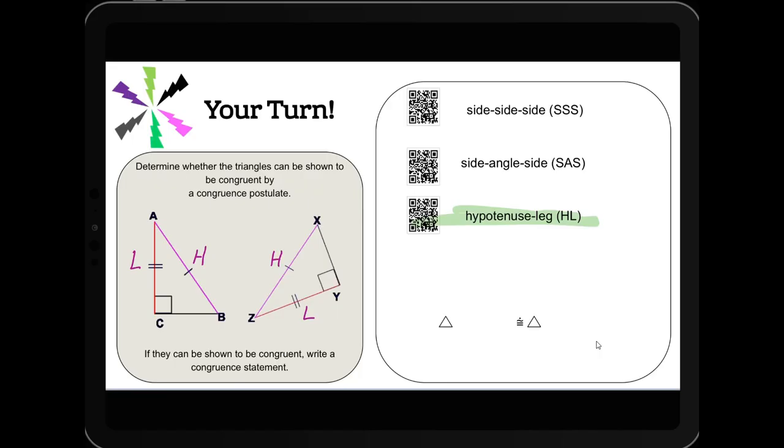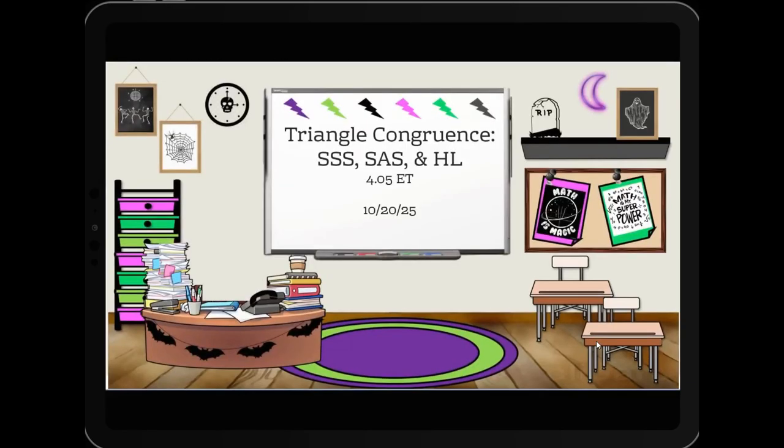So that particular theorem technically, but you can call it a postulate if you want, works. And so now we can go ahead and we can say that triangle ABC is congruent to ZXY. And that is going to represent lesson 4.05 for our exit ticket for today.